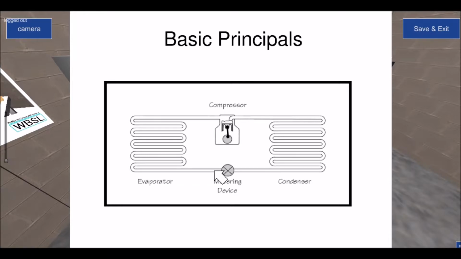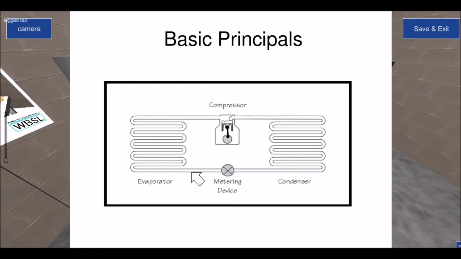So what we have to remember is that while the liquid in the evaporator is boiling off, changing from a liquid to a vapor, we are absorbing heat from the surrounding area. So wherever the heat exchanger is exposed to, it will absorb heat from the air or the water or whatever we're using that heat exchanger to absorb heat from, the medium if you like. So it will absorb the heat while it's changing from a liquid to a vapor.